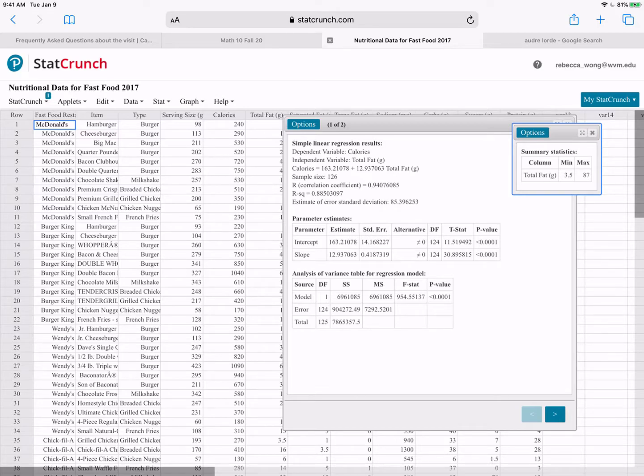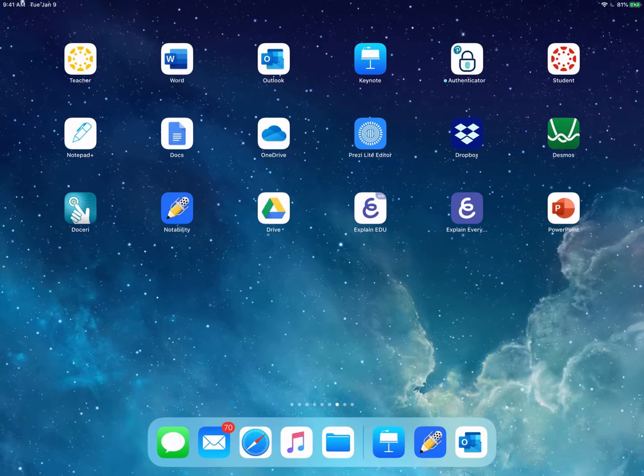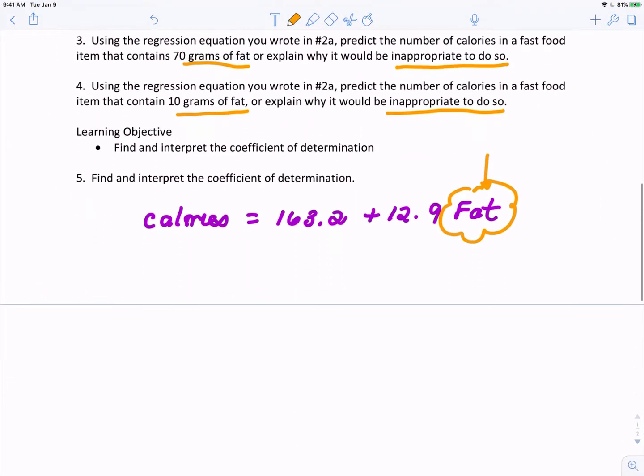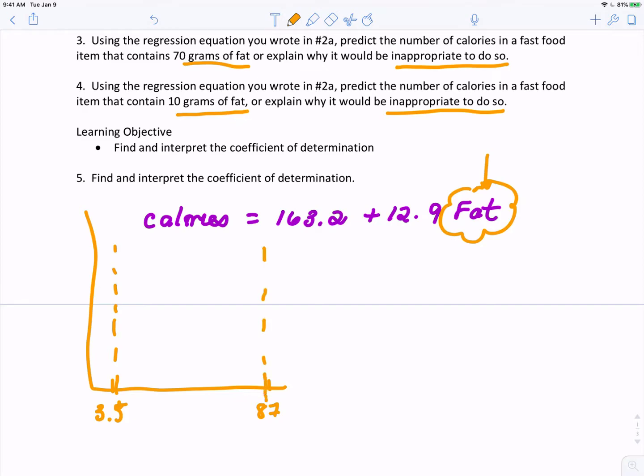So let's go back to our problem set and draw a picture of what we just talked about. When we looked at our data, the lowest number was 3.5, and the highest number was 87. So any number in here, it's okay to use the regression equation. It's okay to go a little bit to the right and a little bit to the left, but not very far.